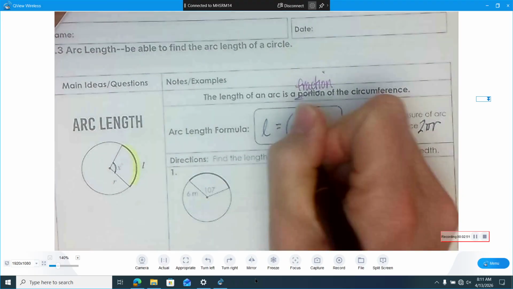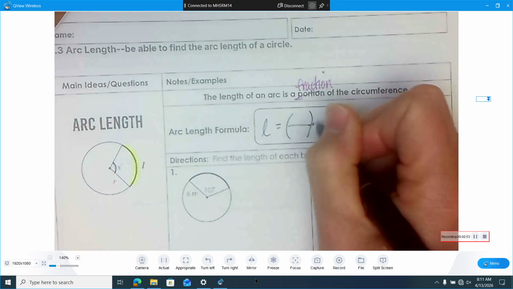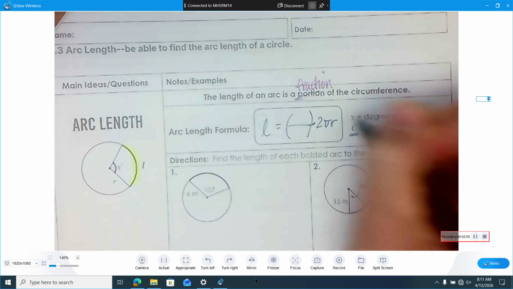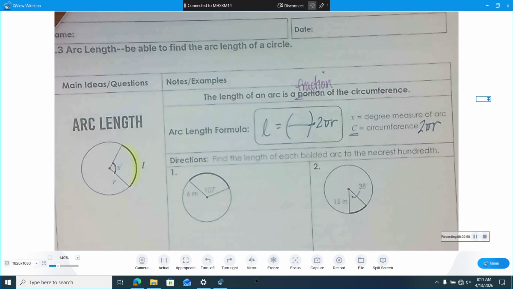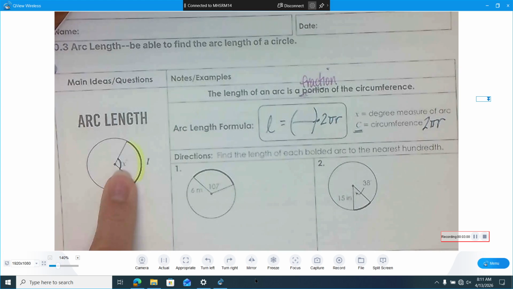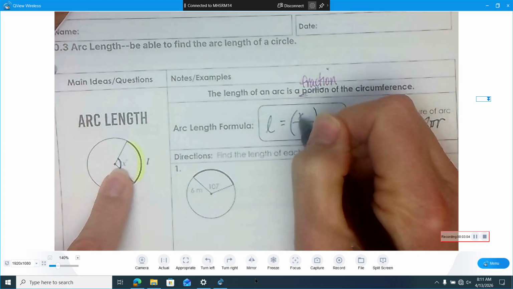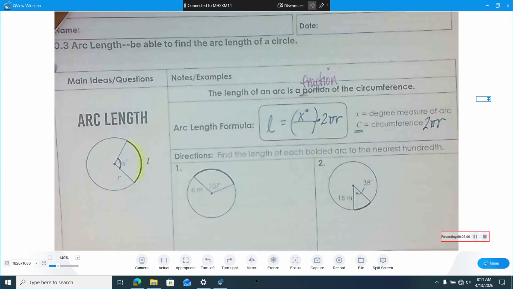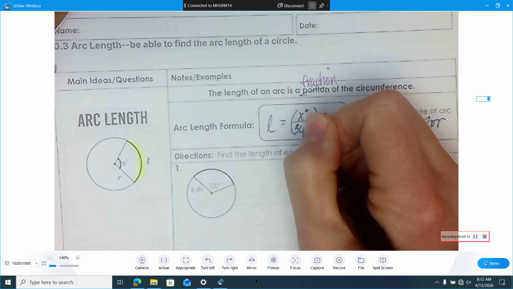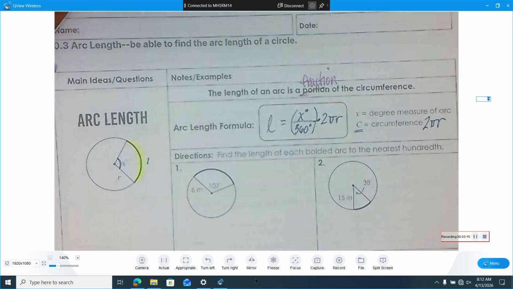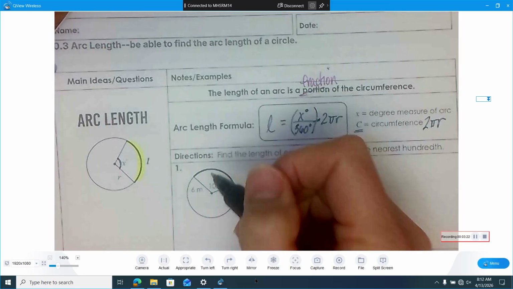So we're going to have some fraction of circumference, which is 2 pi r. The fraction is how many degrees we want. We have x degrees, that's the part that we want. What are the total degrees that we could have? 360, exactly. So x degrees over 360 degrees times 2 pi r. Super simple. That is the length L.